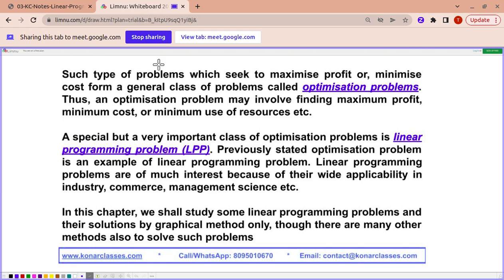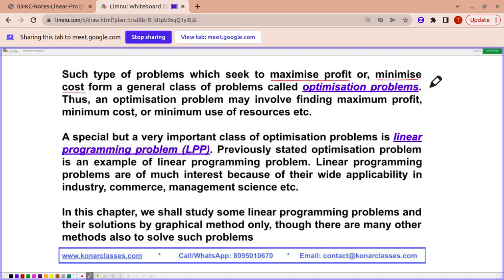In case of profit, our target will be to make the profit maximum, correct? And whenever there is a cost, our target should be to minimize the cost. So whether it is maximize or minimize, in one statement we say it is an optimization problem.